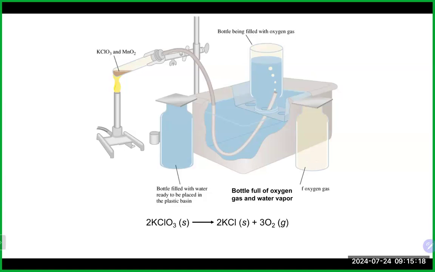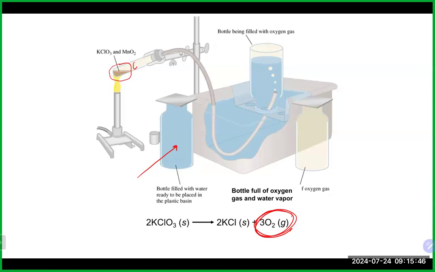So for example, in this reaction, which is a very common experiment, you take some potassium chlorate and you heat it up. And when it does, it goes through a decomposition reaction, and it will actually produce oxygen gas. And you could collect this oxygen gas very commonly by taking a bottle that's filled with water, and you dump it upside down in a bunch of water in a trough or something like that.